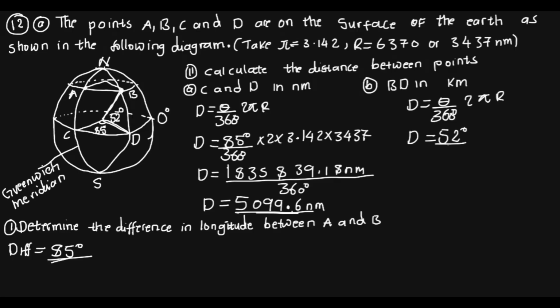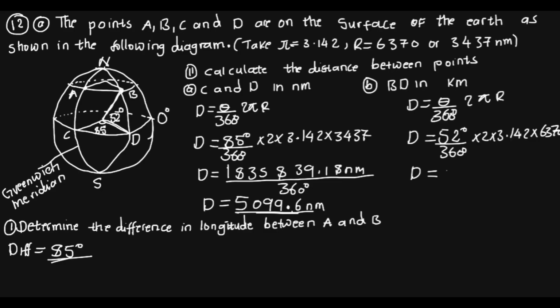So you need to find the difference in latitude, times 2 times 3.142 times the radius. In kilometers we have 6370. So let's now do the math. So 52 times 2 times 3.142 times 6370.